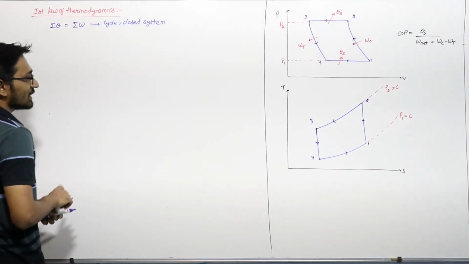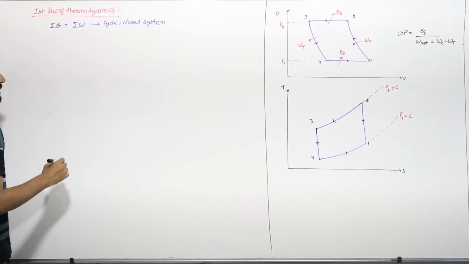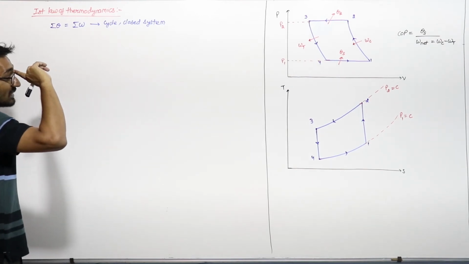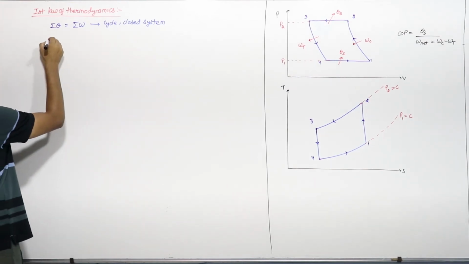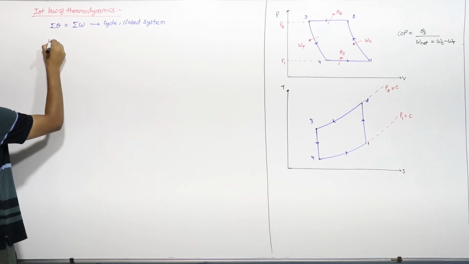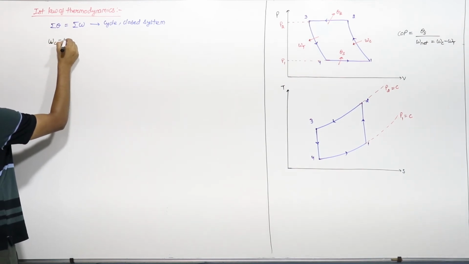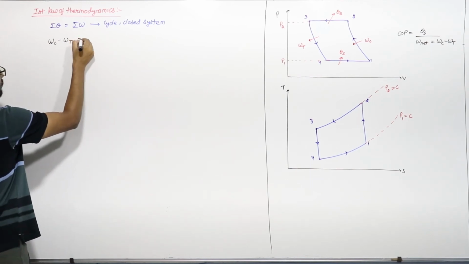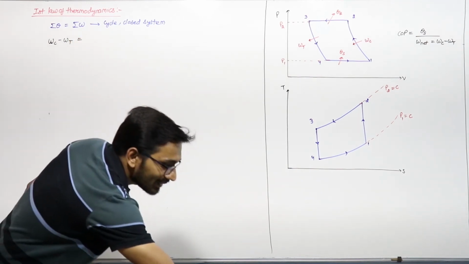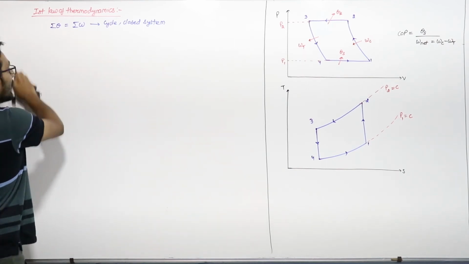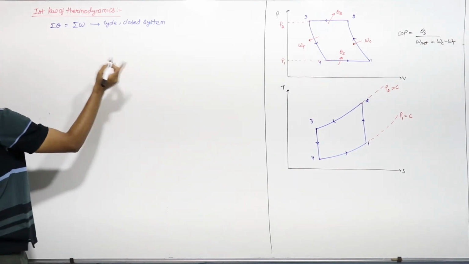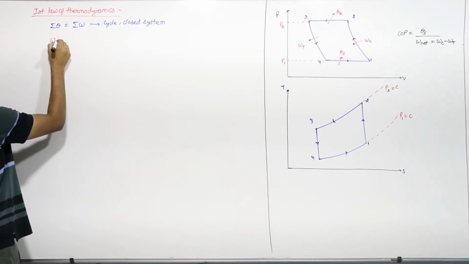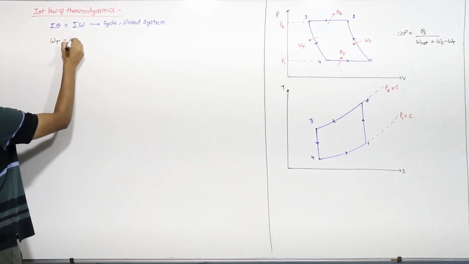So if I write this equation, what is the net work? Net work will be WC minus WT. Or, as per our sign convention, WT, work done by the system, minus WC.